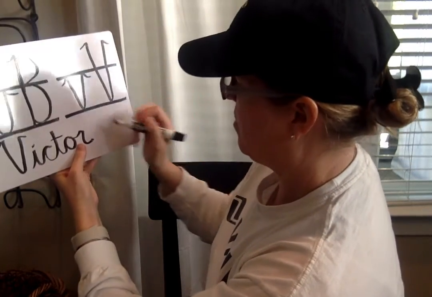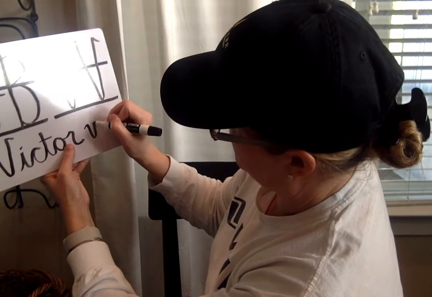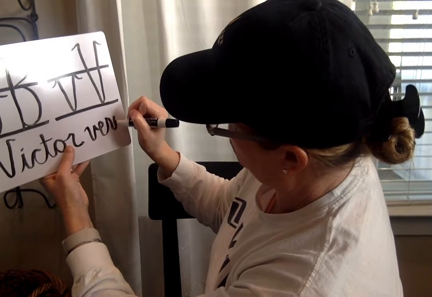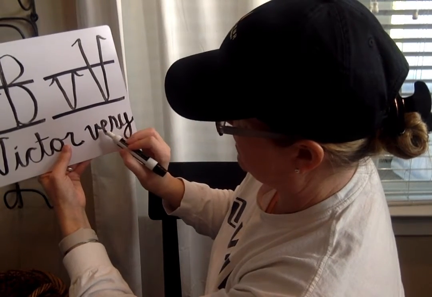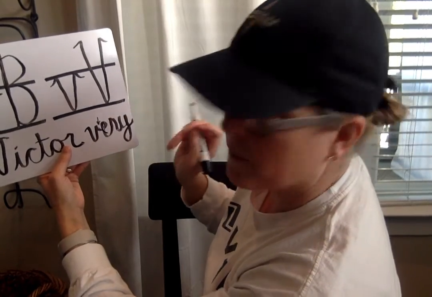And if I write a short word like very with a lowercase v, it's V, E, R, Y. And notice I don't bring the V back down to the ground. It goes right into the E. See that connection right there?